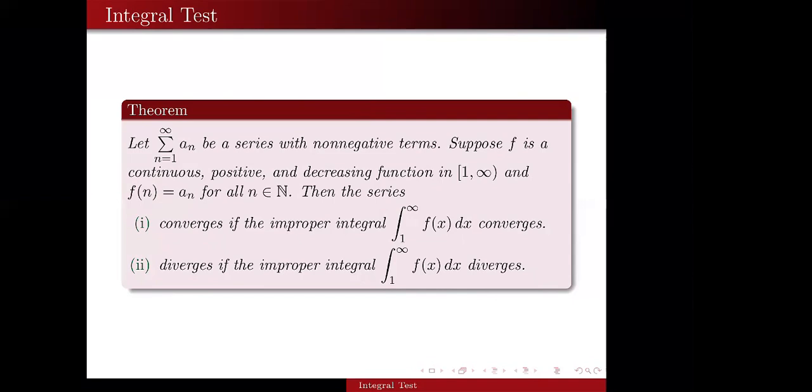So again, our series must have non-negative terms. We have a function that is continuous, positive, decreasing on the interval 1 to plus infinity. And here we also have f of n equals a sub n, the evaluation of the function at n is equal to the nth term of the series.